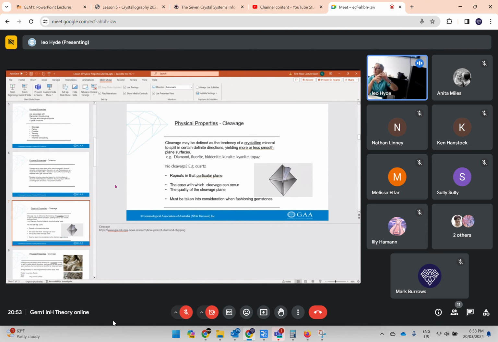Something like kyanite, the bladed crystal, has 2 directions. With some of them, it makes it very difficult to cut, because they've got to make sure that they don't have any facet ending up on a cleavage direction, a cleavage plane. So you need to know a definition of cleavage. You need to know some examples, which will cleave easily, which will cleave to give really smooth faces.